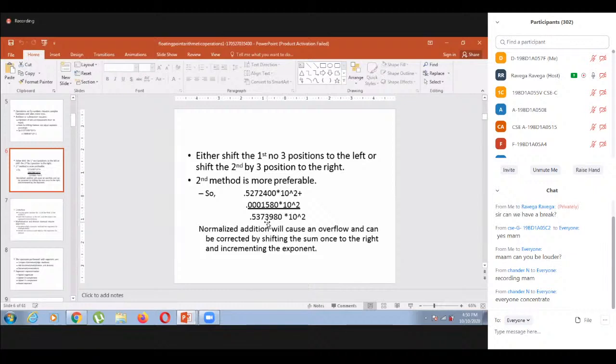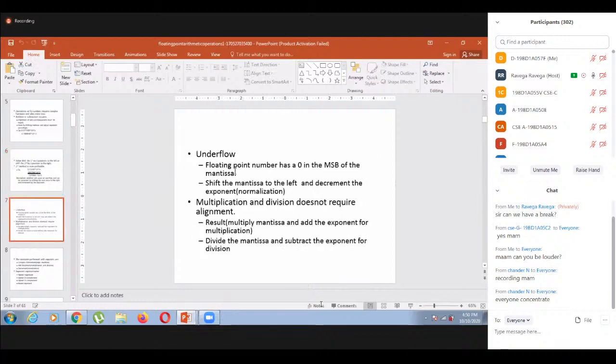After subtraction, the underflow will occur. To normalize the underflow values, you perform the shift left operations and decrement the exponent value. That is called normalization.